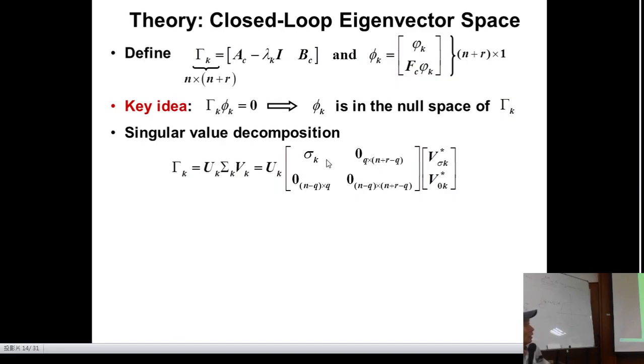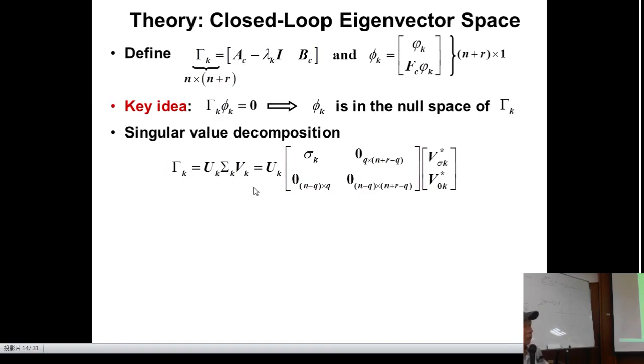A singular value is always real and positive. Even if gamma k is a complex matrix, the singular value is always real. But the singular vectors can be complex. UK can be complex. VK can be complex.